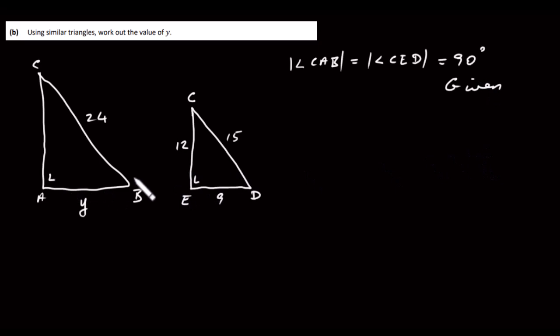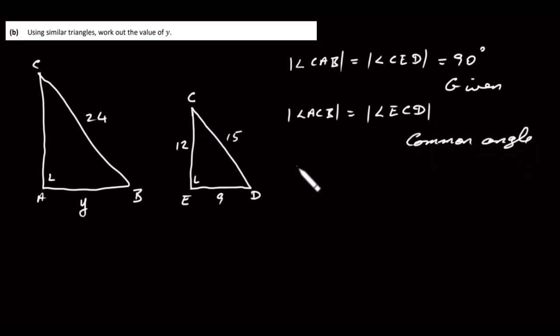So these two angles here are the same, 90 degrees. We can also say that angle ACB in this triangle here is equal to angle ECD in this triangle here. Why? Because they are a common angle.